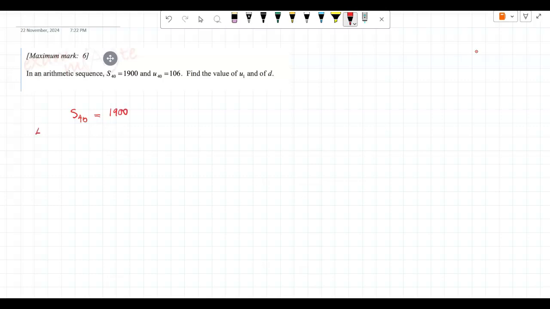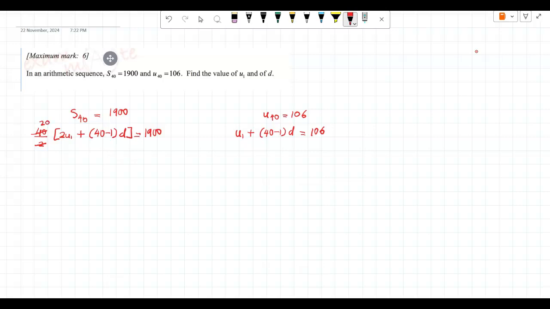So Sn is equal to n over 2 into 2U1, we don't know what the first term is, plus n minus 1 into D is equal to 1900. And U40 is equal to 106. So U1 plus 40 minus 1 into D is equal to 106.